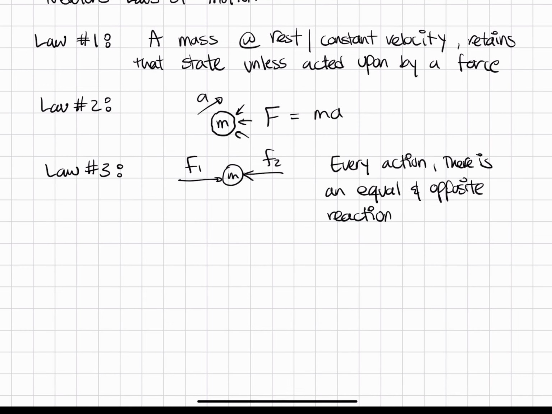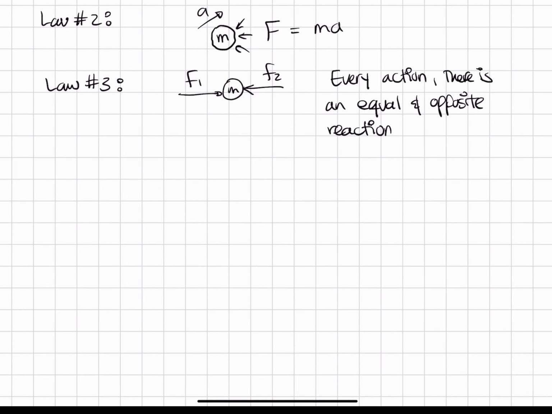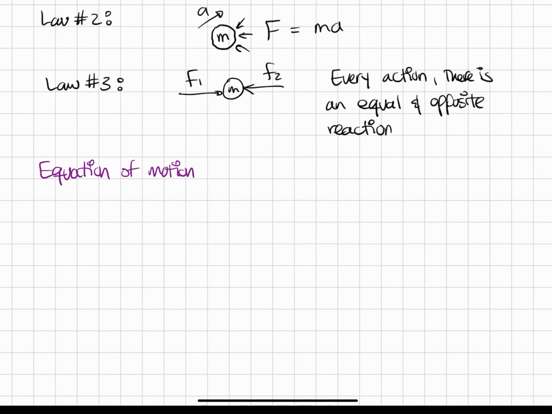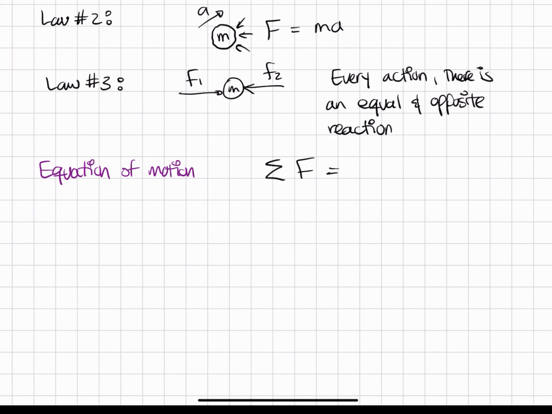Okay, so the next step is to put all these 3 laws together, and this is where we get the concept of the equation of motion. The equation of motion really stems from Newton's second law, and it says that the sum of all the forces that a mass experiences equals its mass times acceleration.